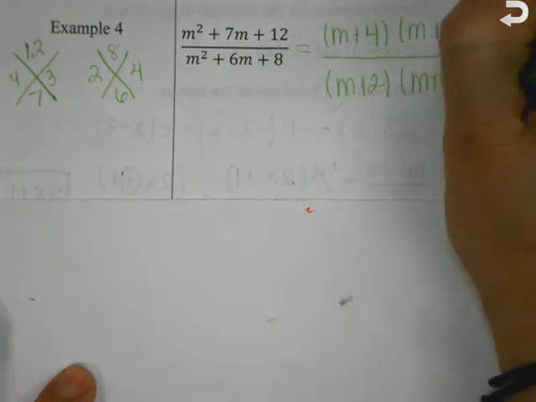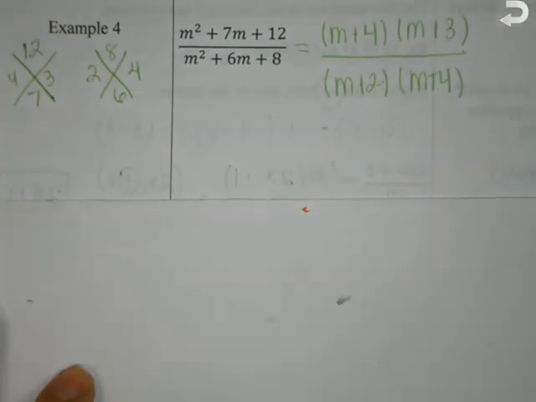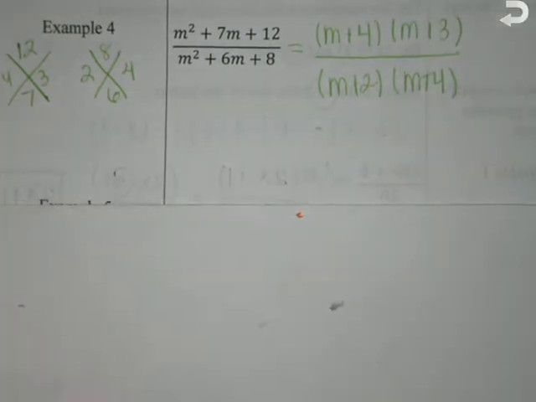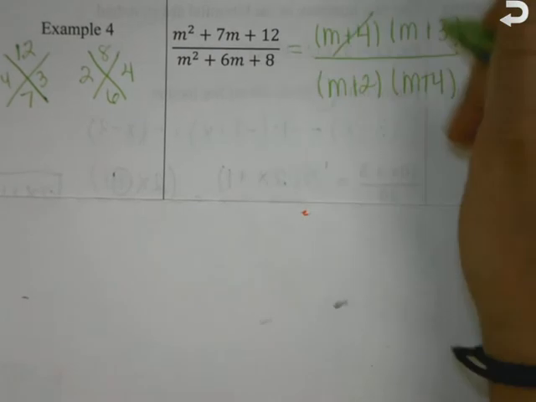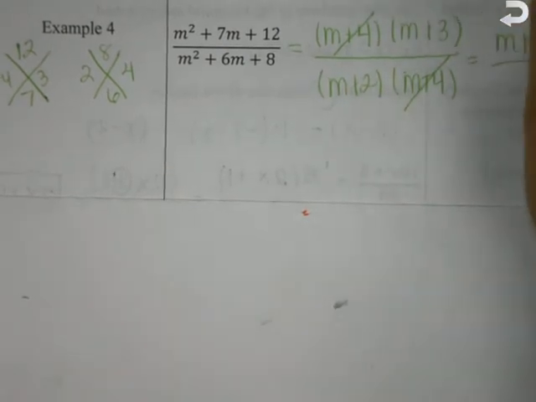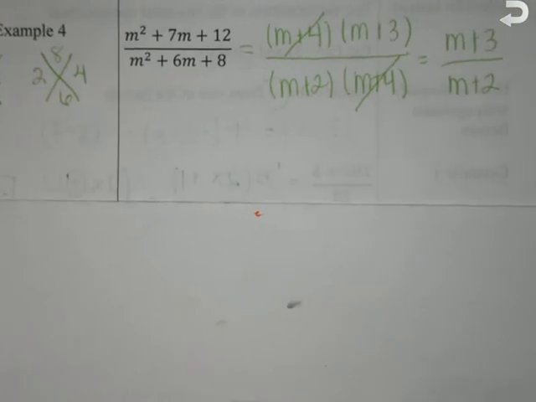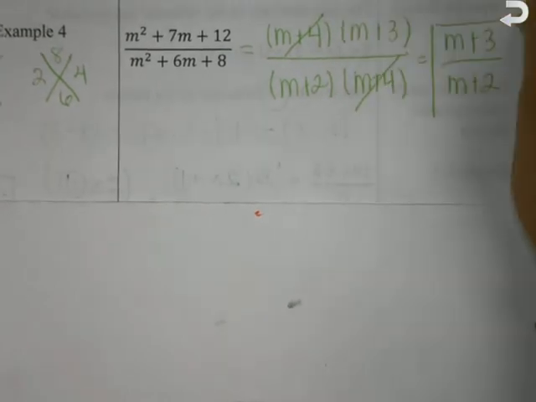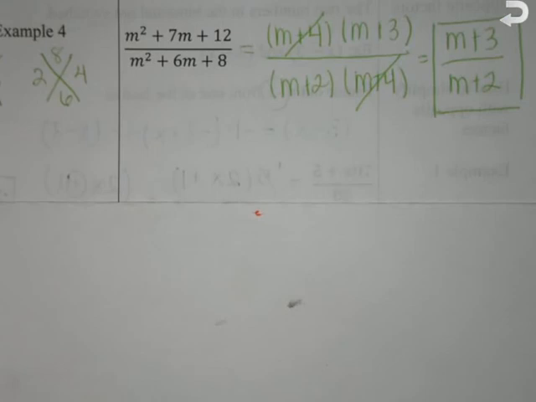Does anybody see something that cancels? m plus 4 and m plus 4. So that's going to give me m plus 3 over m plus 2. I cannot simplify anymore, so that's my answer. Okay, remember, the m's do not cancel because it is all addition.